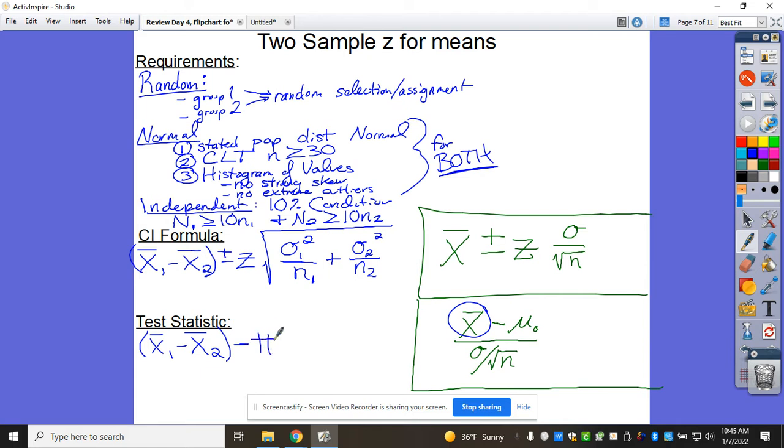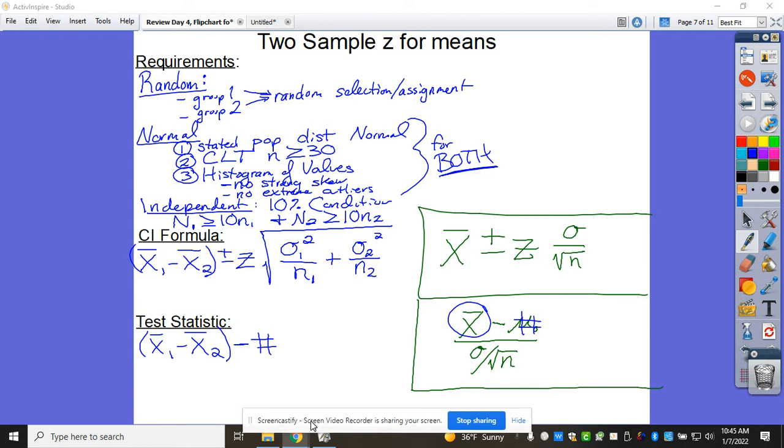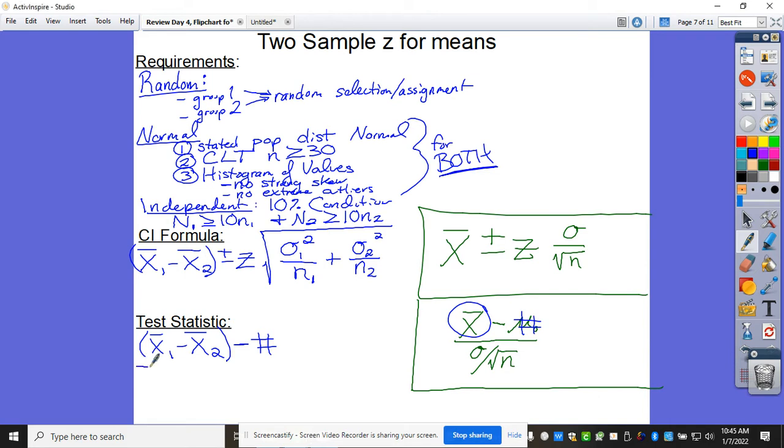I am going to be okay if you literally put a number here and here, or if you put mu or mu naught there, just because this one gets complicated. Instead of all of these, when we're plugging in a number, I don't care if you put a number there, or if you put 0, because we typically use 0. I'm going to accept any of those.